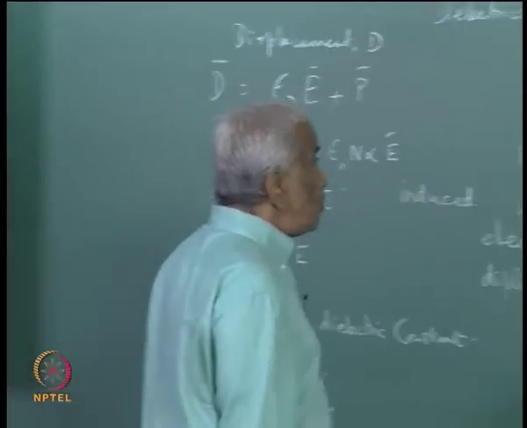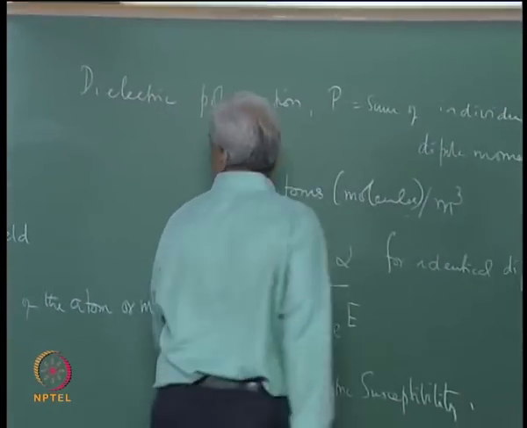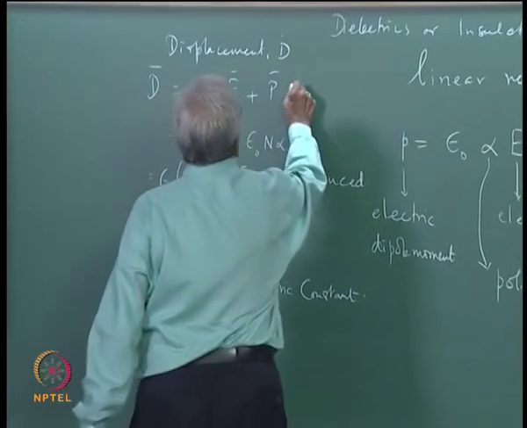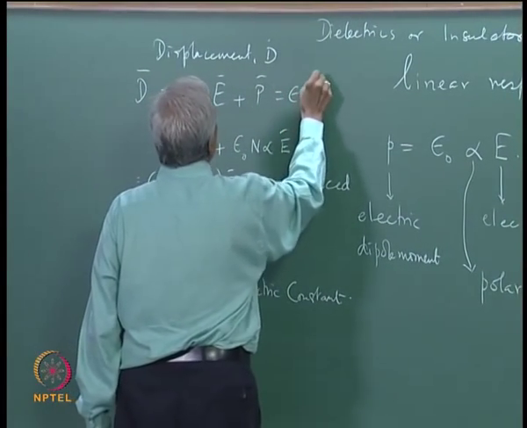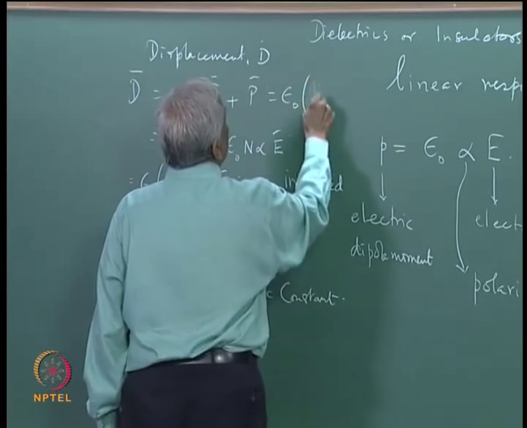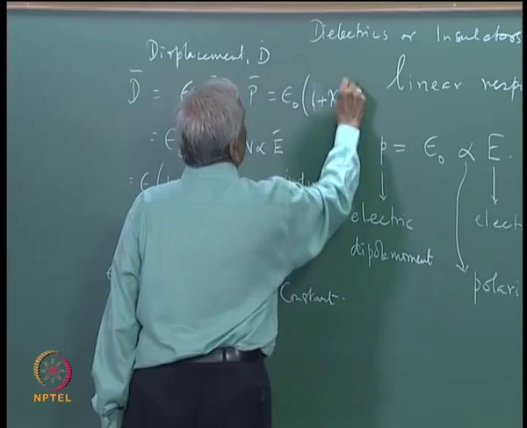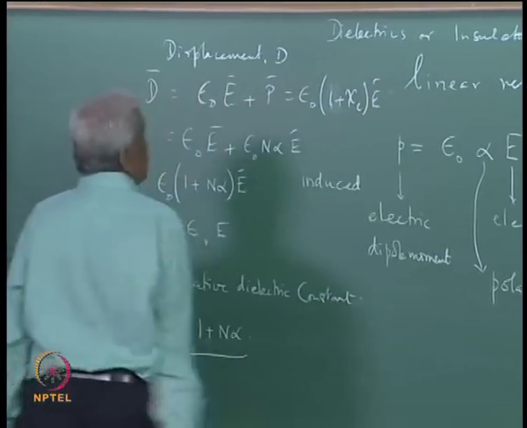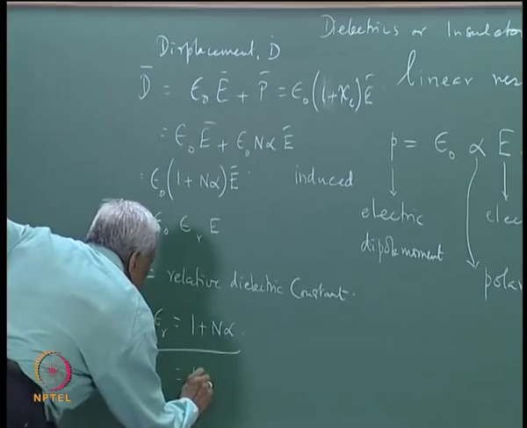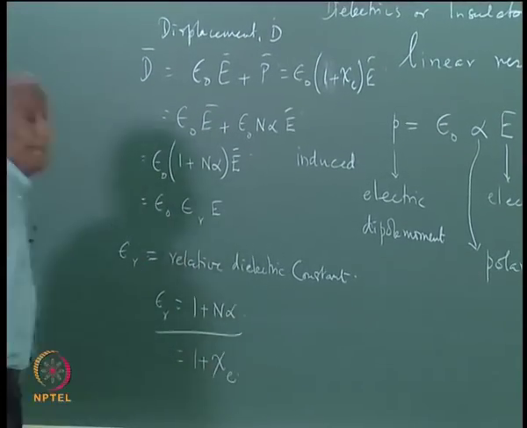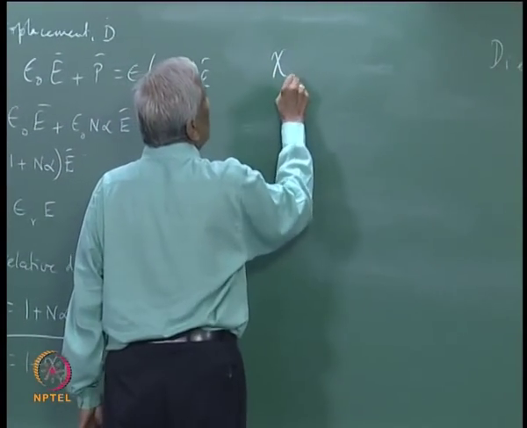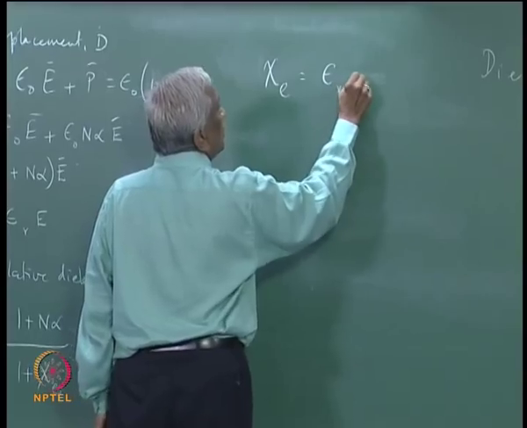and we also know that P is epsilon naught chi e E. Therefore, we can write here epsilon naught 1 plus chi e times E. So, comparing this and this, we also get 1 plus chi e. Therefore, we get chi e equal to epsilon r minus 1.